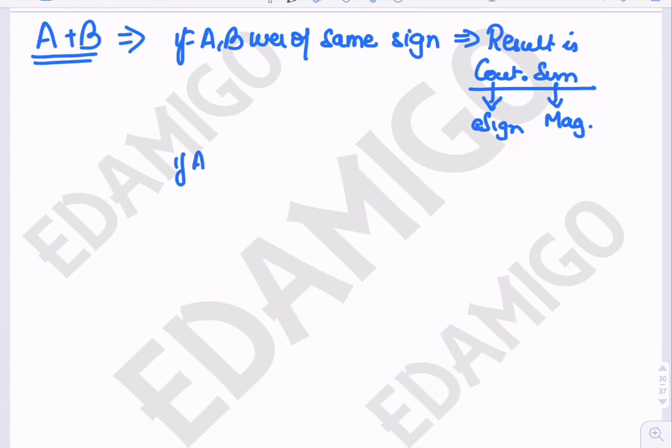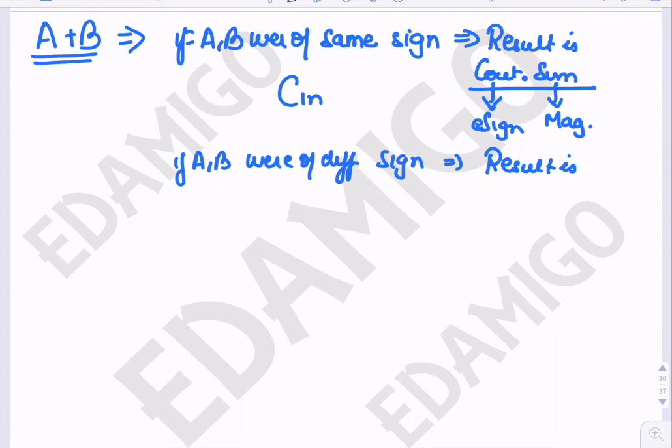And if A and B were of different sign, then the result is, and in this addition case we put Cin equal to 0, we just neglect the Cout and the result is only the sum. Okay, the MSB of sum was the sign.